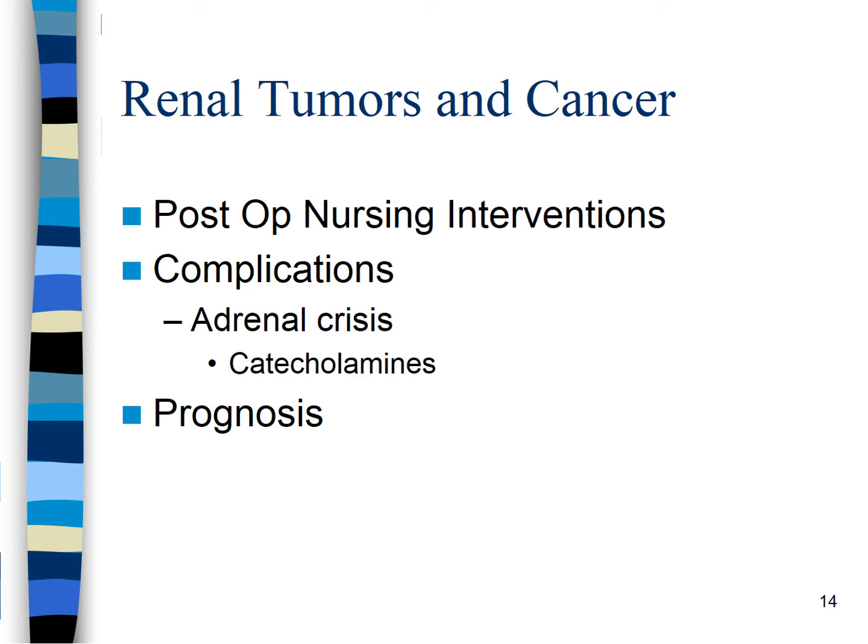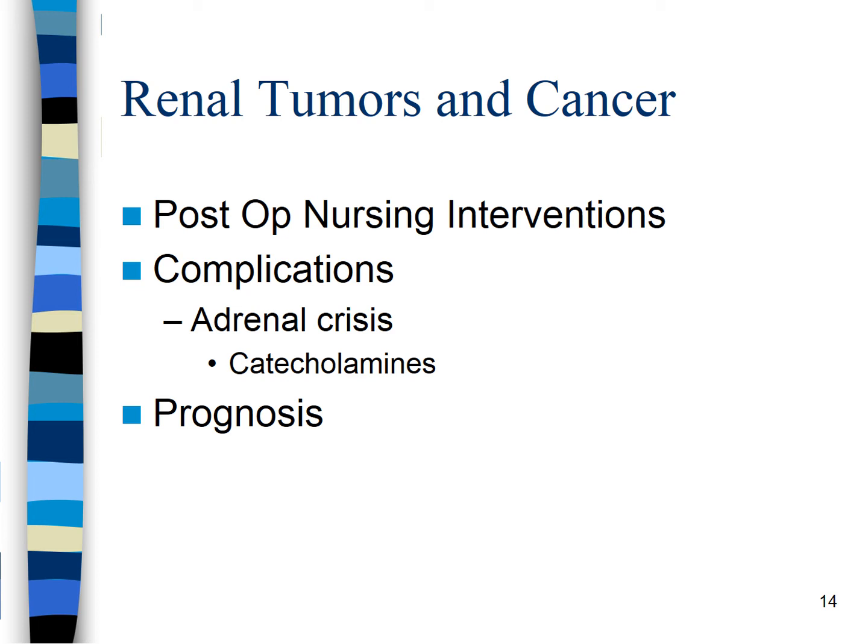So post-op nursing interventions, you may see copious drainage at the surgical site. So be diligent on protecting the skin, keeping it intact, and watching that drainage. You also want to encourage your client to cough, deep breathe, because they are at an increased risk for atelectasis.